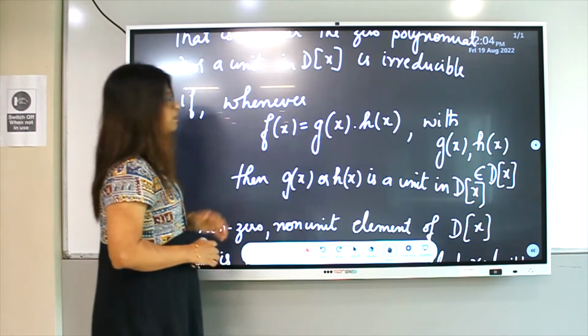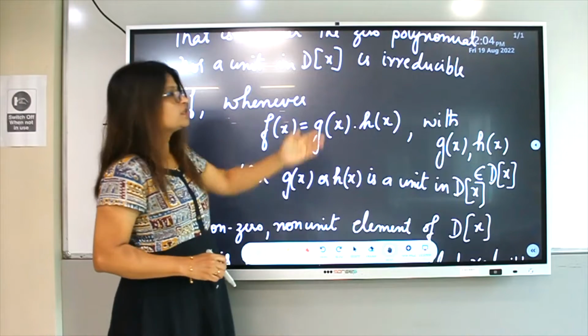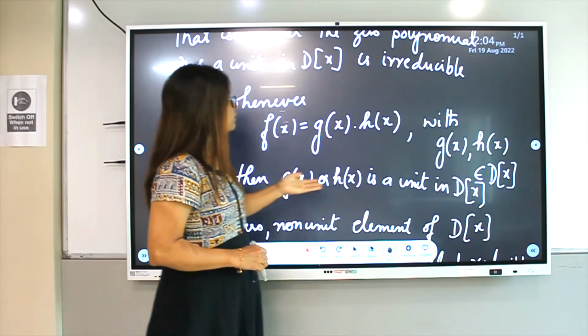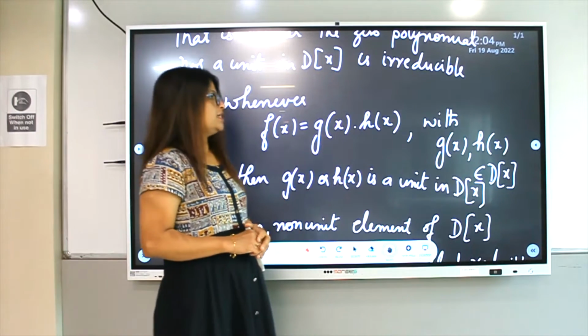That means it is not possible to write it as the product of two factors where neither of them is a unit in D[x].